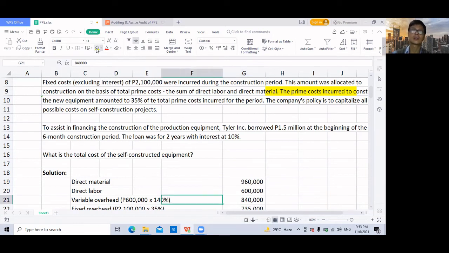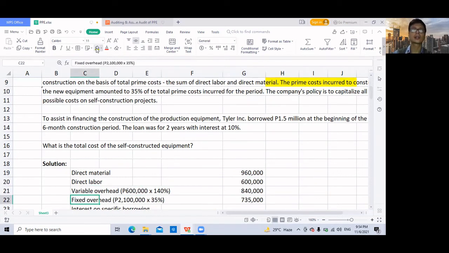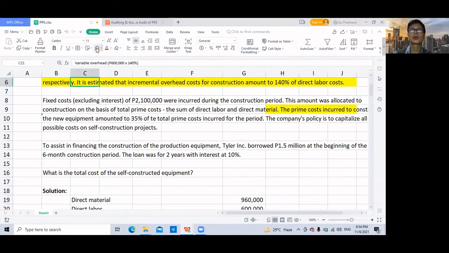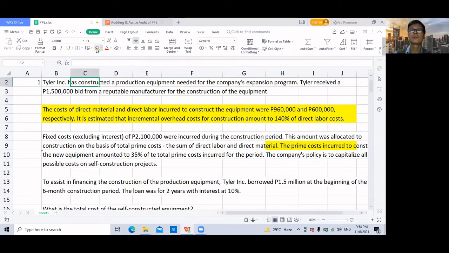Okay, you get 840,000. And then yung fixed overhead naman, ang sabi dito, no, kasi ito yung fixed overhead, no? Okay, it says here yung fixed cost, no, which is 2.1 million, were incurred during the construction period. This amount was allocated on the basis of the total prime costs. Ayan, of direct materials. So the prime cost incurred to construct is 35%. Ayun. So ito yung tinatawag na fixed overhead.